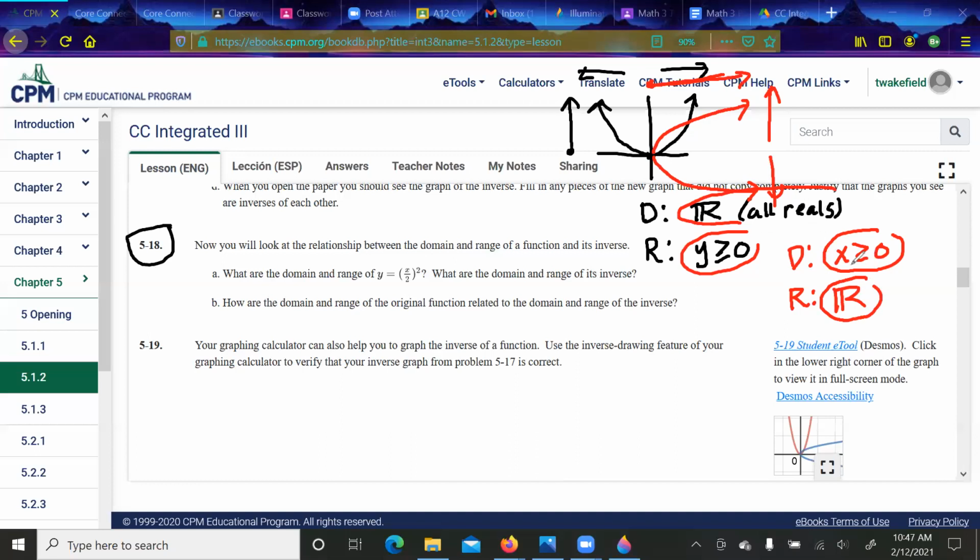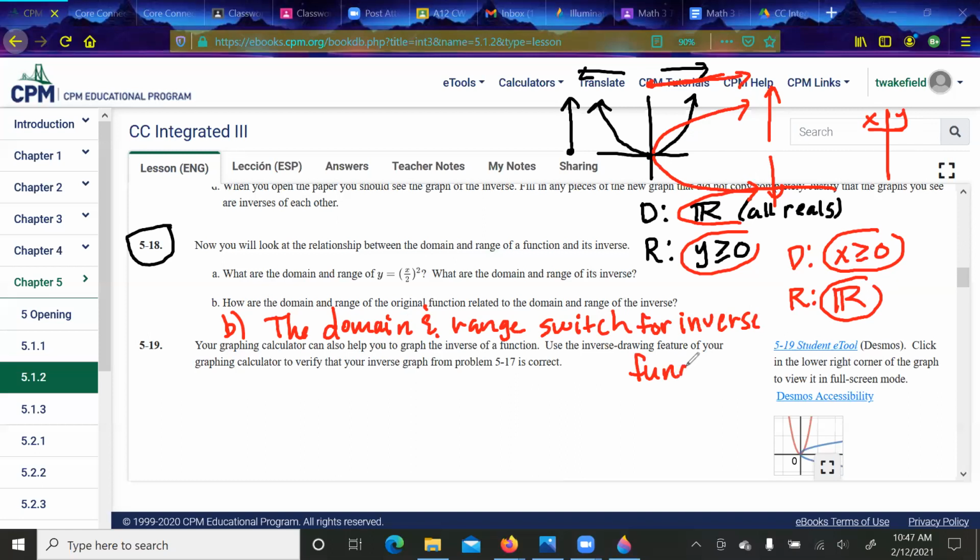It makes sense that it switches because we switched the x and the y's. So the domain and the range are going to switch too. Okay, so for part B, domain and range switch for inverse functions.